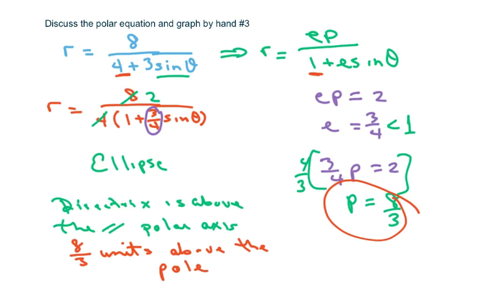All right. So basically, let me go over here and we're going to graph it. And let me rewrite the equation here in the correct form. So we had 1 plus 3/4 sine of theta. And basically what we know is the directrix is parallel to the polar axis.